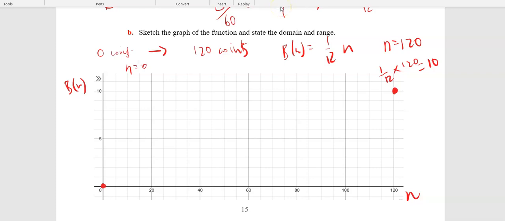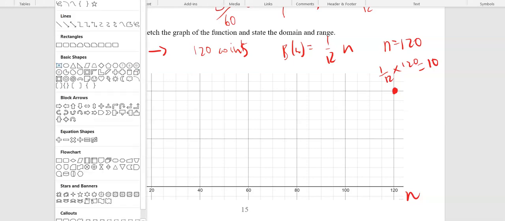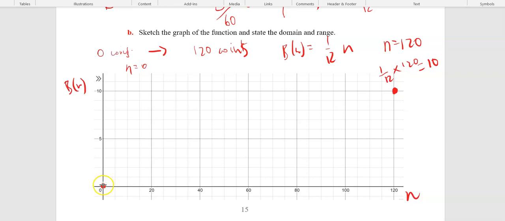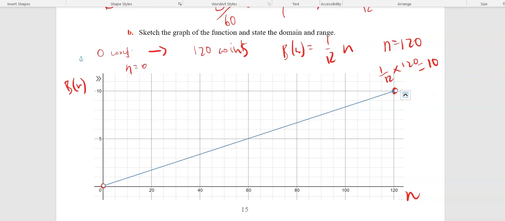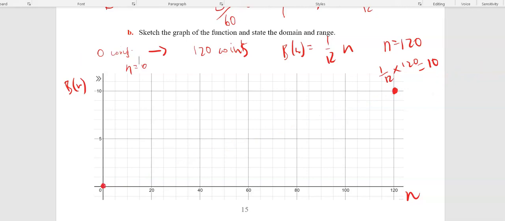So what we can do here is join and extend. Instead of drawing on my tablet, I'm just going to use a line to indicate it. At this point we can see the domain is quite clearly laid out, instead of having to work it out without a graphical representation.